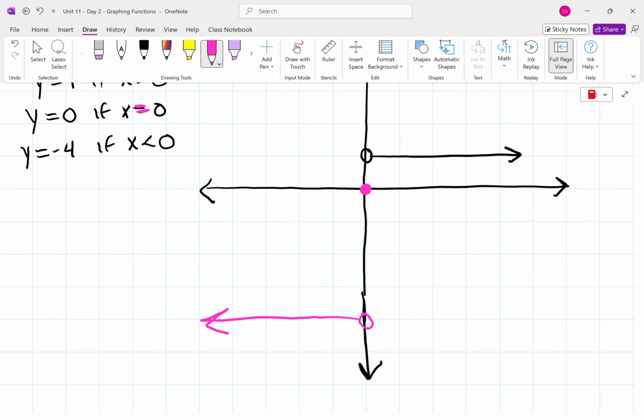No, equal to is a closed circle. Why is there one over there? Because it's saying y equals 0, which is basically the line on the x-axis. But they're saying when x is just equal to 0. So where is x only equal to 0? X is only equal to 0 on this point of the line. So that's the only part that's in this. How many people got that?